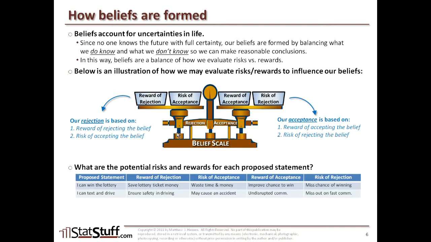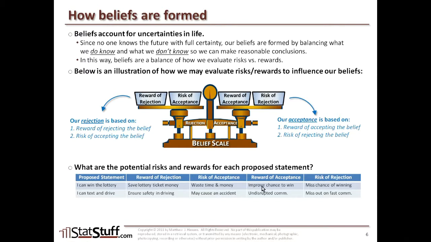We're going to go through each of these buckets. The reward of rejecting this statement is that I save my lottery ticket money. I don't spend it. And also the risk of accepting it. If I were to accept this belief, then the risk is I could be wasting my time and my money in doing that. So these are the things that might influence me to reject this particular statement, that I can win the lottery.